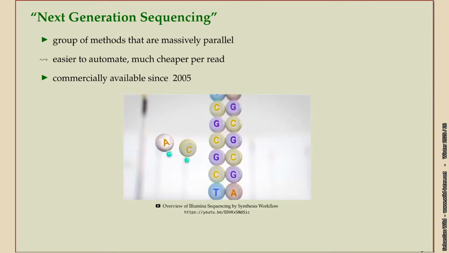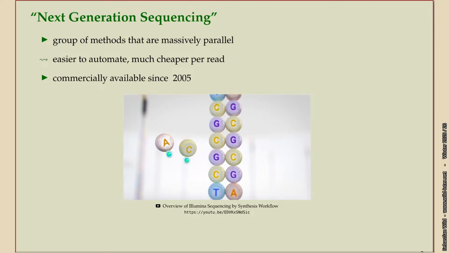But the second group of methods seems to do really well on reading much, much shorter reads. Think of 150 to 200 base pairs or bases. But at a tiny fraction of the cost and very reliable for this first part at least. And then once you get to longer reads, it becomes very quickly noisy.